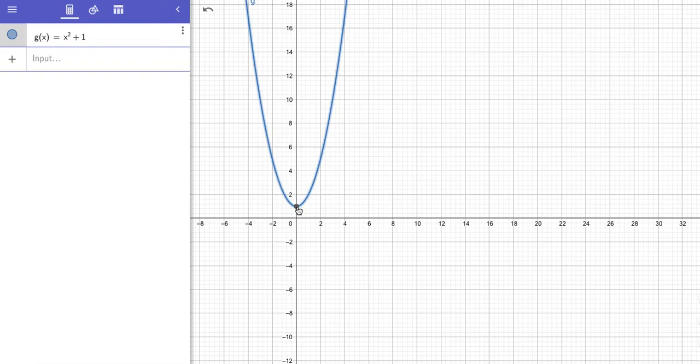So we can say that g of 0, how we usually write it, would equal 1. We substitute 0 for x and we get the value as 1. So this is another type of function.